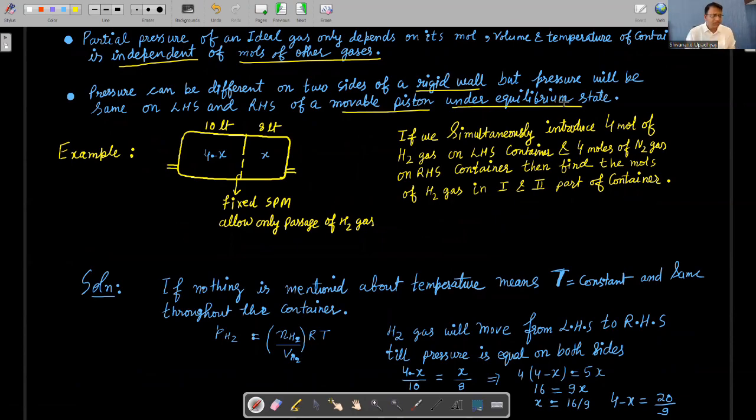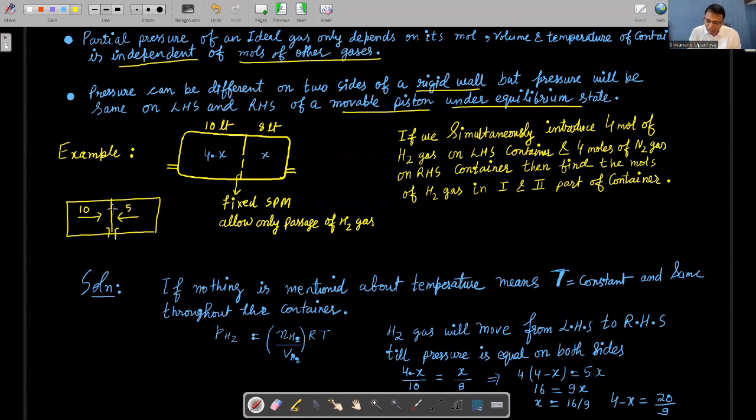There is a confusion. Suppose in a container this is a movable piston, and on two sides of this piston there are two different gases. Suppose initially this gas is at pressure 10 atm and this is at 5 atm, and there is a mechanical stopper. If we remove the mechanical stopper, this piston will move.